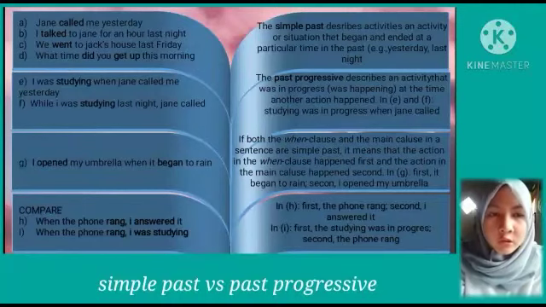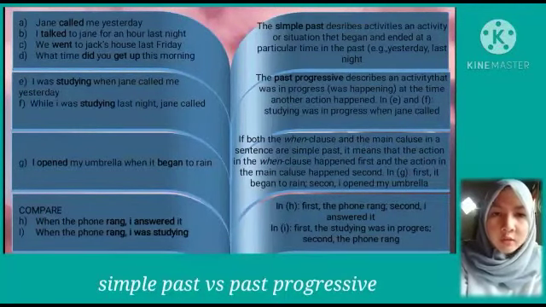E. I was studying when Jen called me yesterday. F. While I was studying last night, Jen called. The past progressive describes an activity that was in progress or was happening at the time another action happened in E and F. The studying was in progress when Jen called.